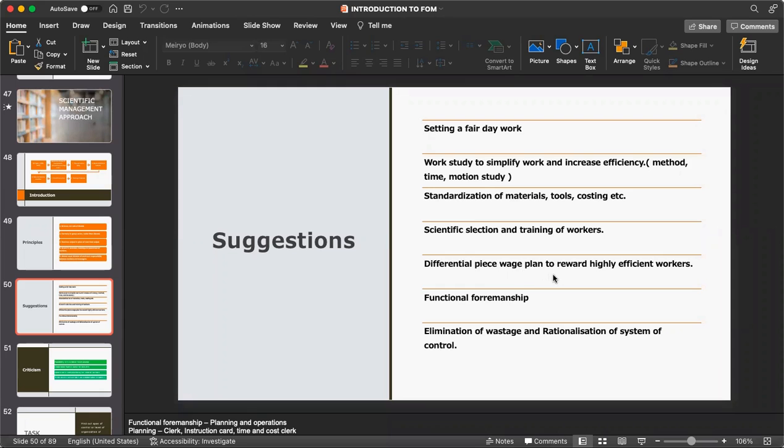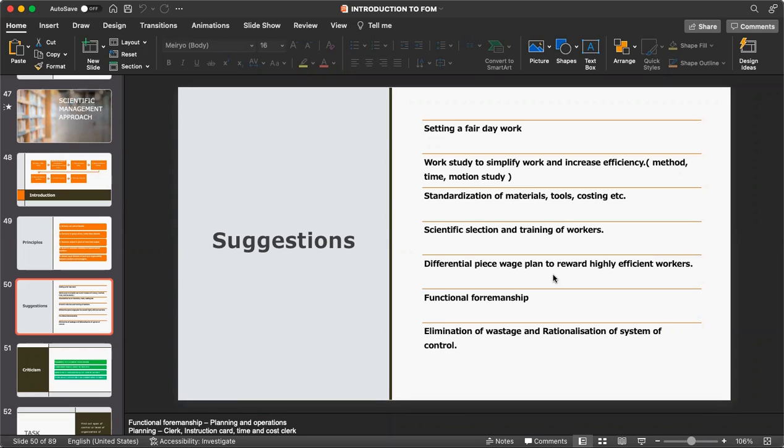Differential piece wage plan. It means that a worker who is highly efficient must be rewarded, that particular person must have higher economic benefit. For example, there are 5 managers working in the company, and out of those 5 managers, 3 are working really, really good. They are achieving their target, and completing the company target beyond the company's expectation as well.